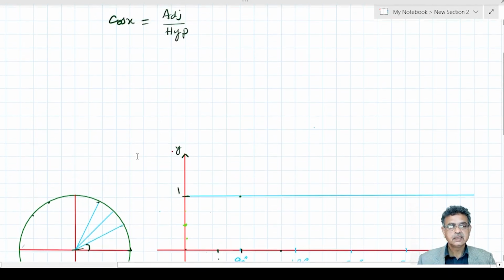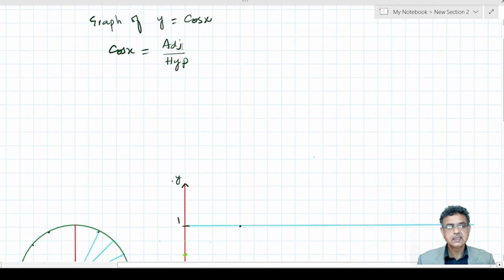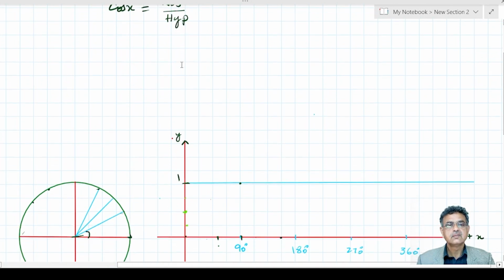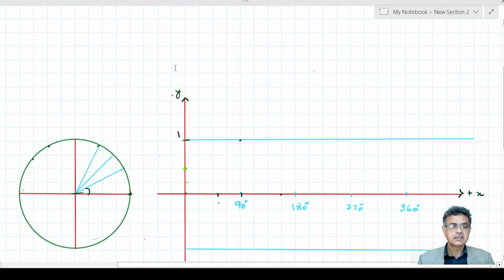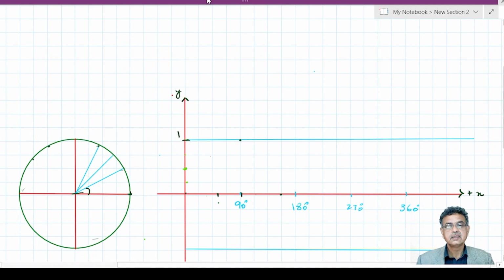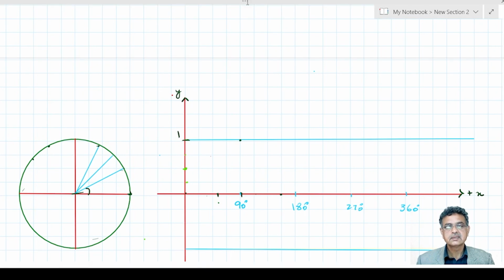Now, keeping in mind that we are going to discuss change in adjacent for cos x, the other thing is that in this circle, wherever we draw a triangle, the hypotenuse does not change. Hypotenuse is the same, that is the radius of the circle.